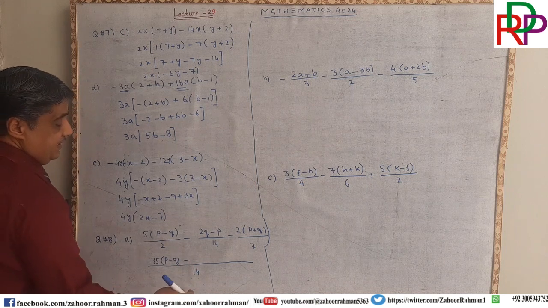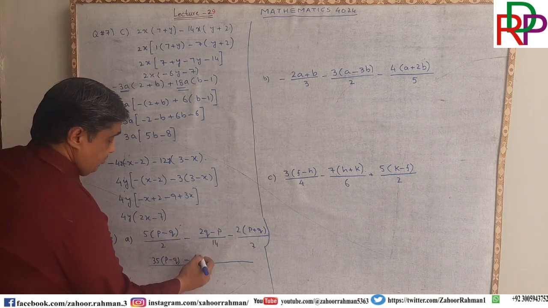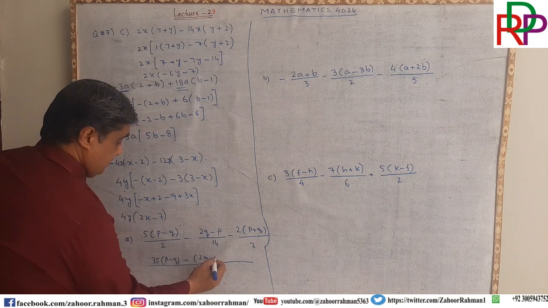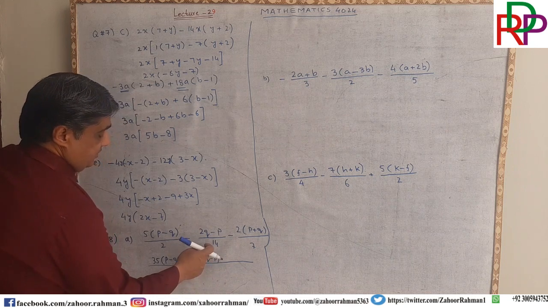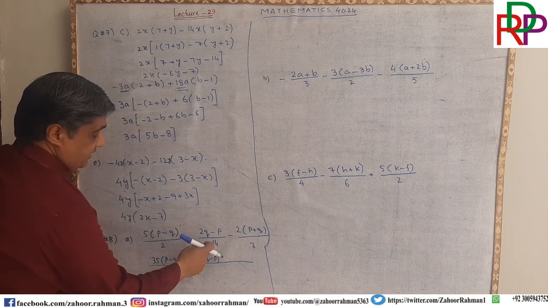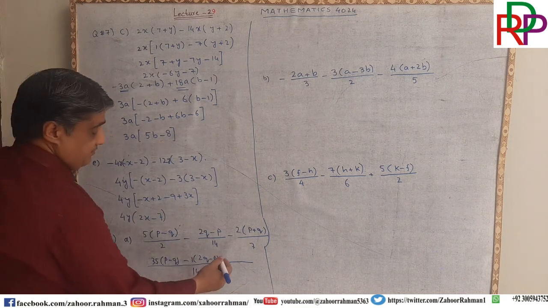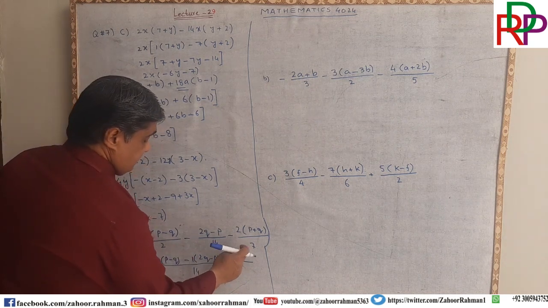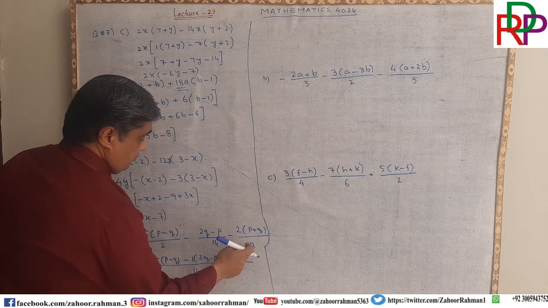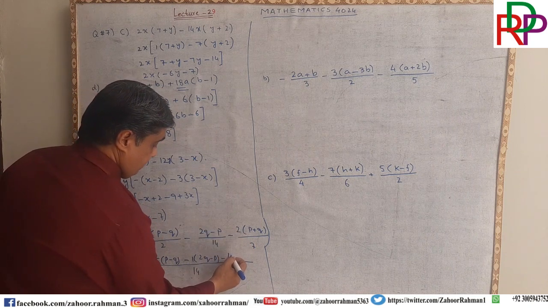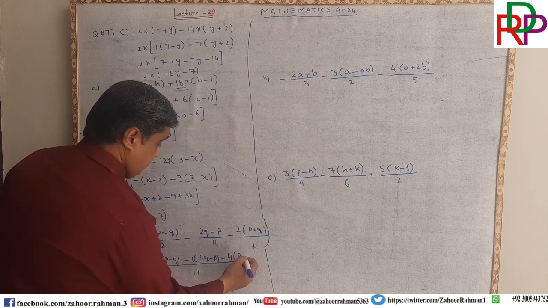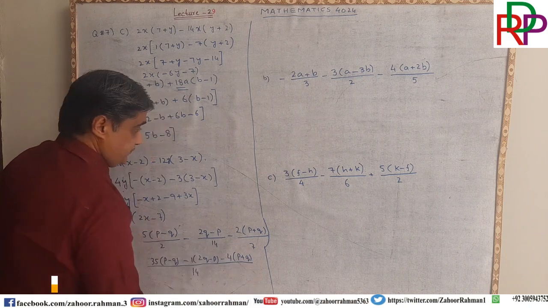Minus will be on its place, and then 2q minus p, because 14 divided by 14 will give you 1, and when 1 is multiplied with this, it will give you the same result. So 14 divided by 2 is 7, and 2 2s are 4, p plus q.